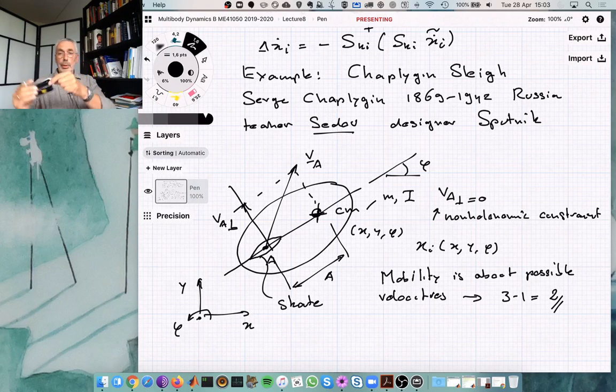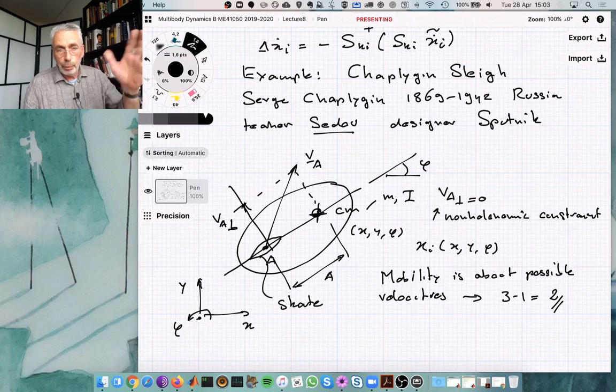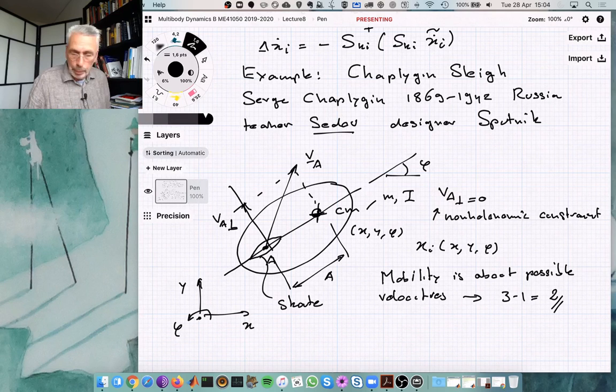Therefore, you have to do a complex thing like parallel parking to get into a parking spot. You cannot get into it in some strange way, or drive by and do like this. No, you cannot do that. So that's what we mean by mobility. Although in the coordinate space you can have every configuration, every x, y, phi, in the velocity space you lose one way of mobility, and with a car it's pure sideways, and with the skate it's in the middle.